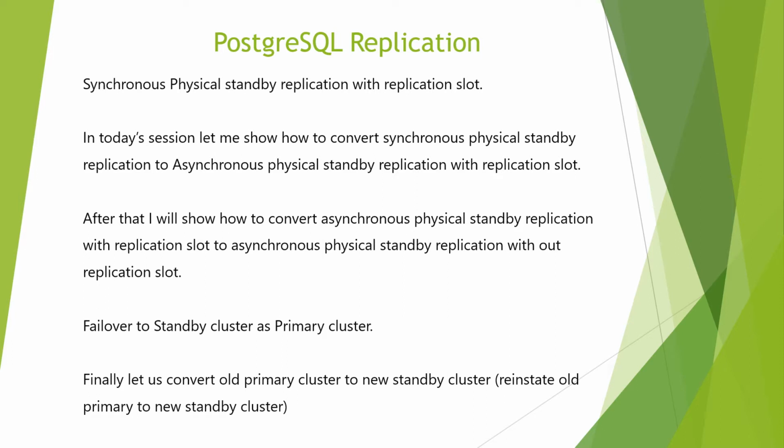Then failover to standby cluster as primary cluster. Finally, let me show how to convert your old primary cluster to new standby cluster. In other words, you can also call it reinstate of old primary to new standby cluster.